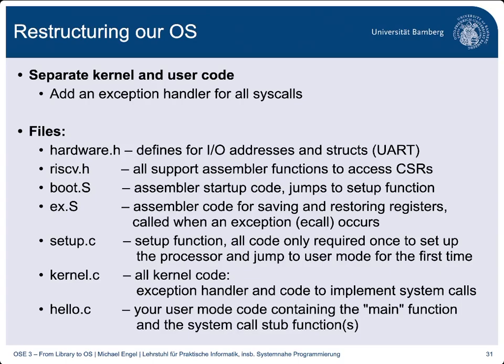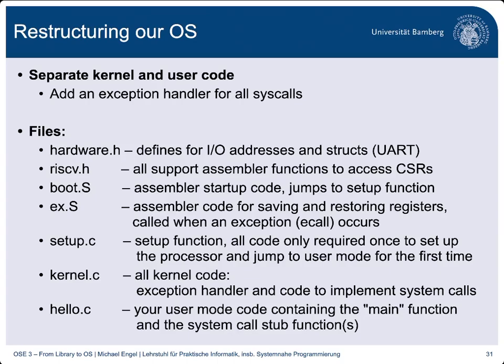So what we can do is we can try to restructure our OS. We can try to separate kernel and user code, add an exception handler for all of our system calls, and we can have some files, which we'll discuss later, because you're currently still working on the first exercise. Essentially, these will be parts which we'll give you for the next exercise, where you will start to write a bit of code for your operating system.